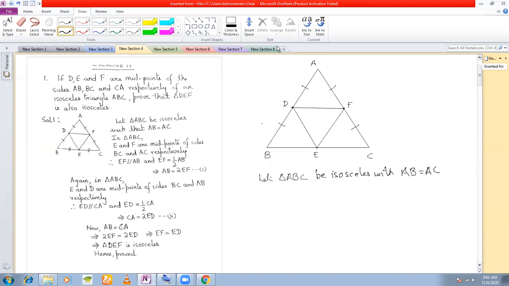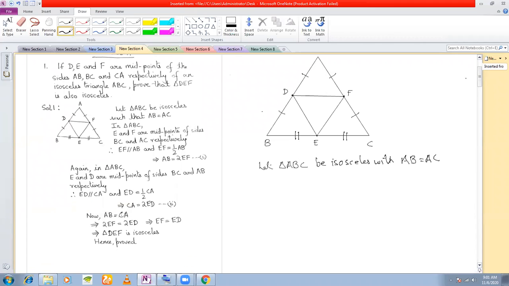Now, what you can see from here, that this E is also the midpoint. So therefore, BE must also be equal to CE, right?